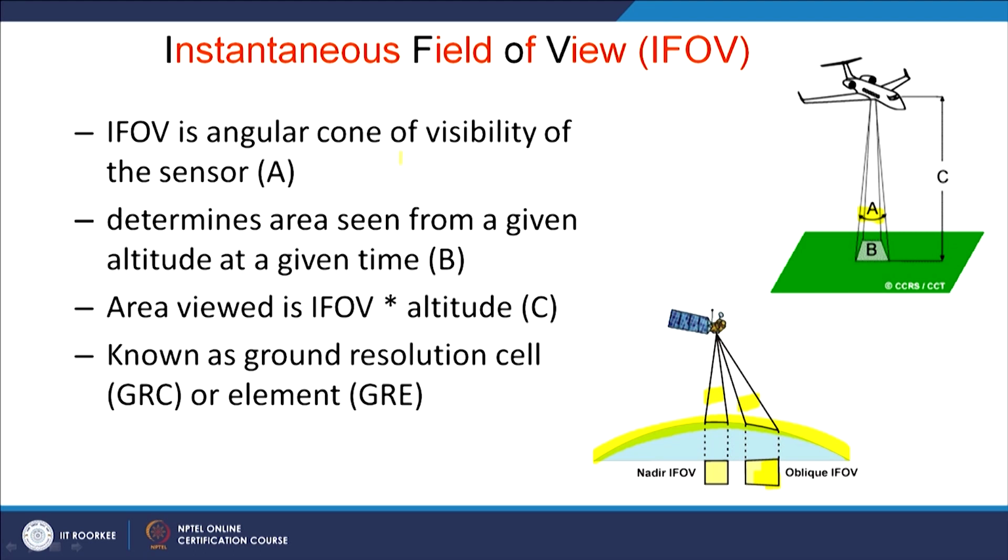So, IFOV is the angular cone of visibility of the sensor, that is a solid angle, which determines the area seen from a given altitude at a given time, like here it is shown. The area viewed by the IFOV at the altitude is also known as the ground resolution cell, GRC, or element, GRE. As you can see, you have this B area, also the C area, and A is the sensor here.